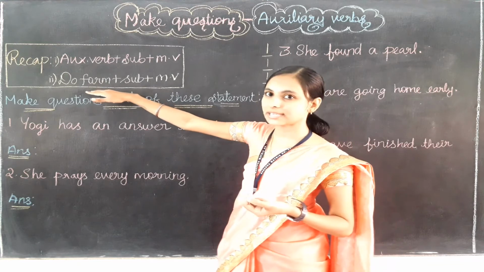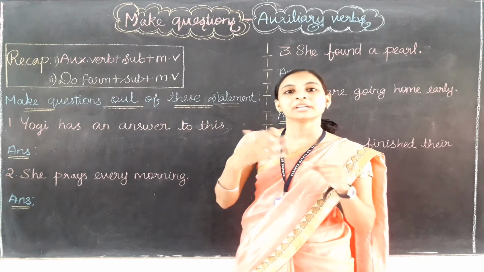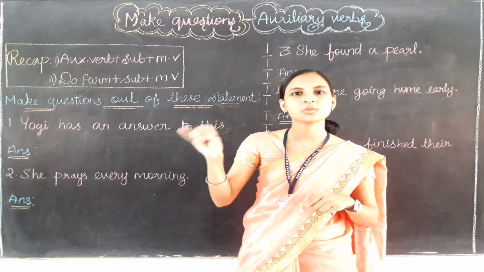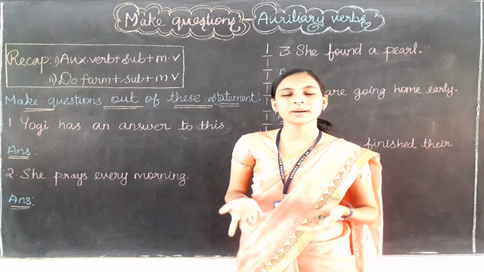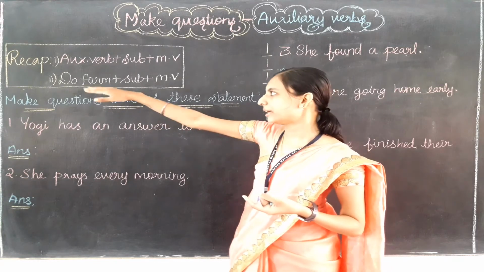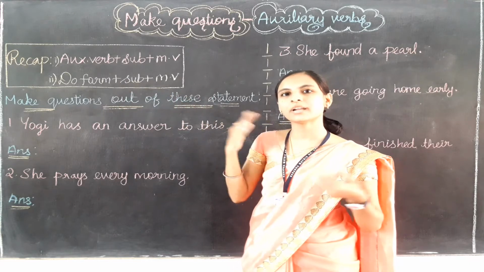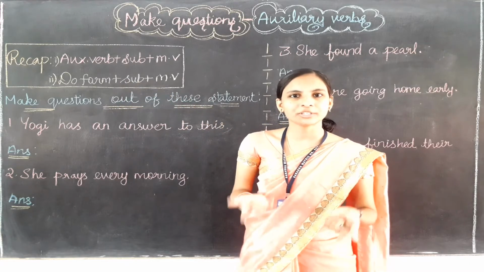In place of the auxiliary verb, we will use the do form according to the time of the action. If the action is present, we will use do or does. If the action happened in the past, we will use did only. After writing the do form, we need to write the subject, then the main verb and all other things only. So are you clear, children?